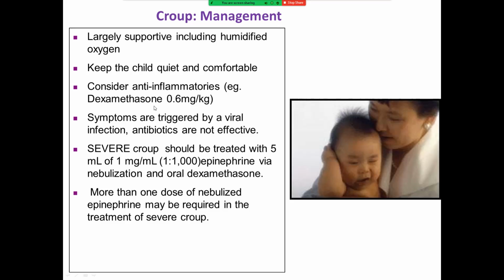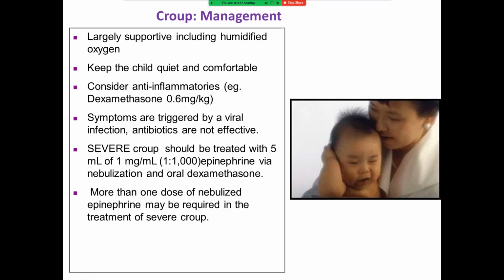Anti-inflammatory medication, dexamethasone PO, is very helpful. Again, in an extreme situation, when they do have IV access, we'll give it by IV. And antibiotics are not effective because it's viral. Also, epinephrine inhalations for severe croup tend to be effective.